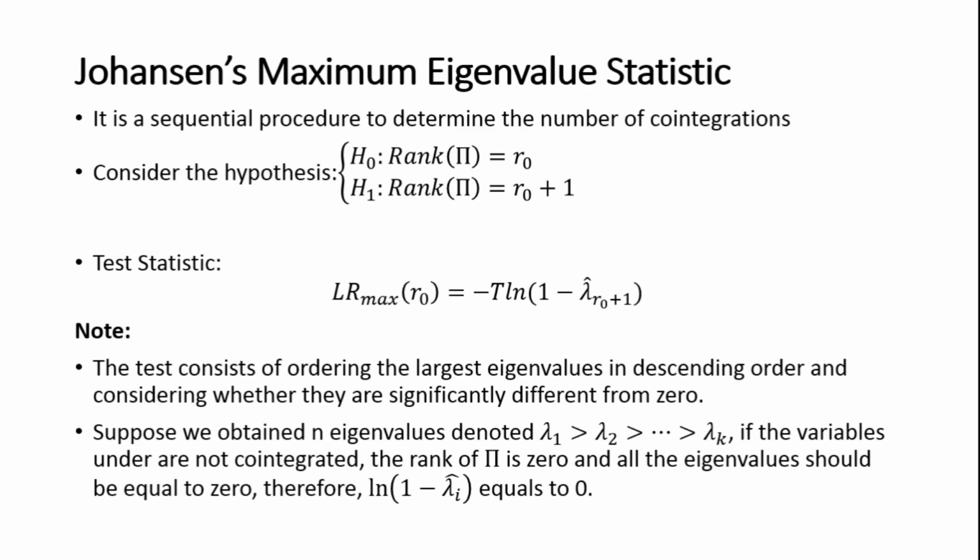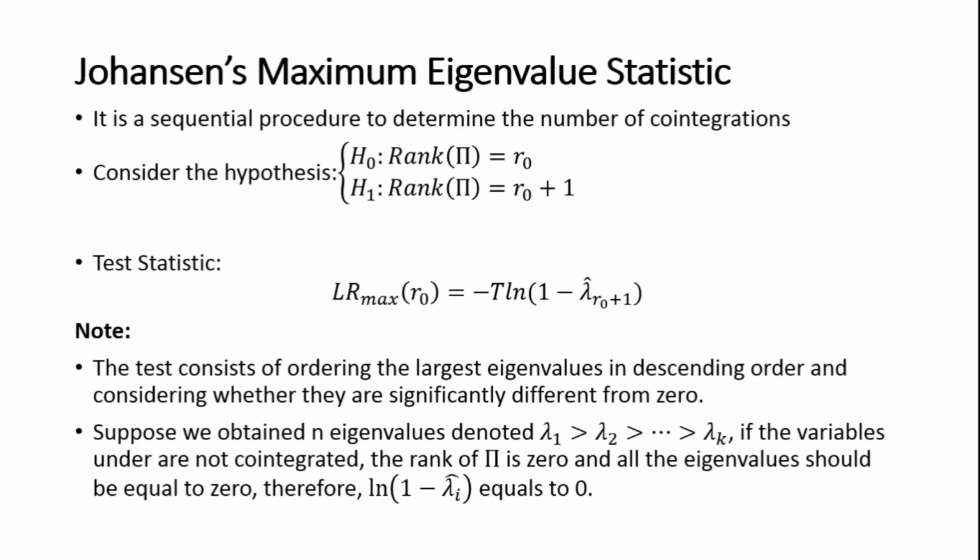The test statistic is given by negative T multiplied by the logarithm of 1 minus lambda of order r0 plus 1. We can note that the test consists of ordering the largest eigenvalues in descending order and considering whether they are significantly different from 0.